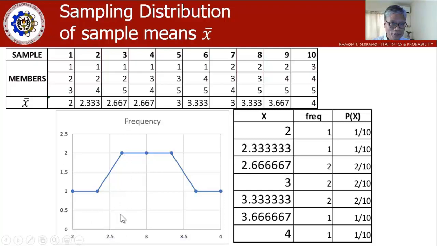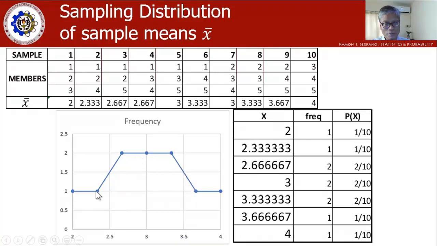The 2.67 is somewhere here, of course more than 2.5, and so I'll end up with 2 of that, 2 of 3s, because you have 3, 3 there, and 2 of 3.33. Again, there's only one 3.67, and then there's only one 4.